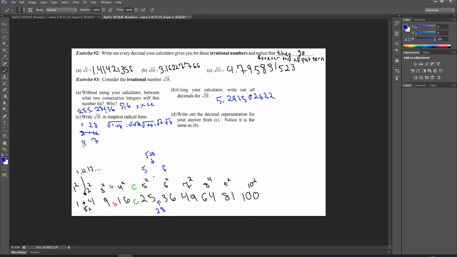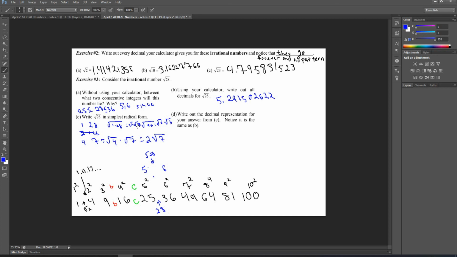Our last one, 4, is a perfect square. So that's good. This is equal to the square root of 4 times the square root of 7. What is the square root of 4? To get to 4, I need to take 2 squared. So this is equal to 2 times the square root of 7.